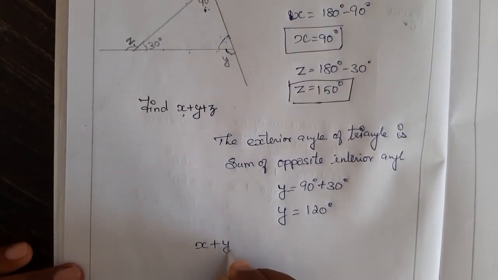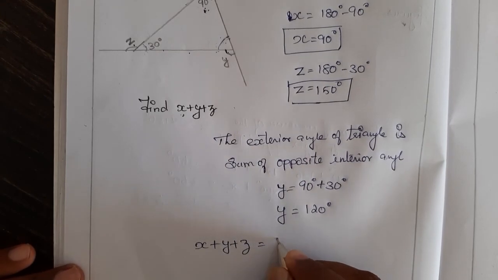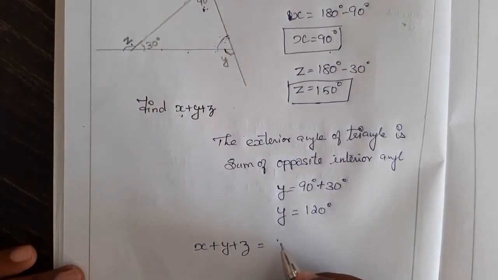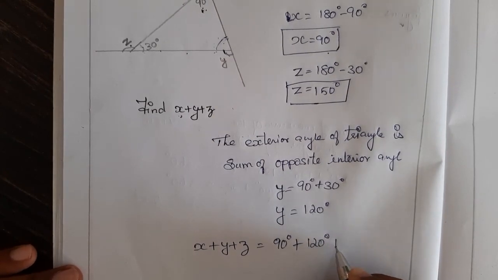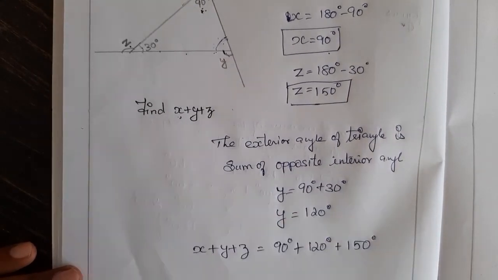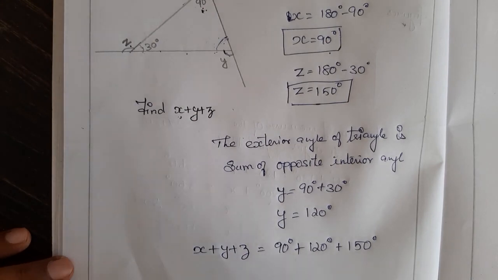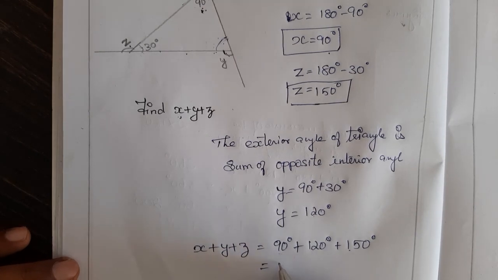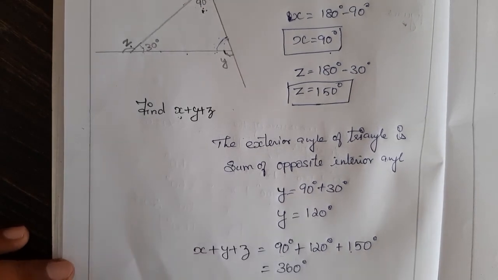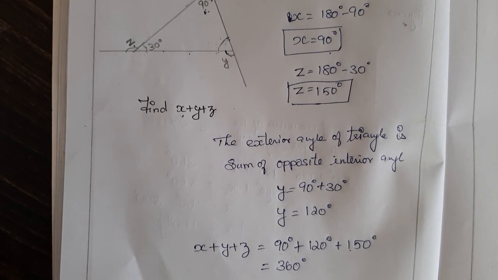So x plus y plus z is equal to x is 90 degrees plus y is 120 degrees plus z is 150 degrees. So we will get 360 degrees. So the total angle is 360 degrees.